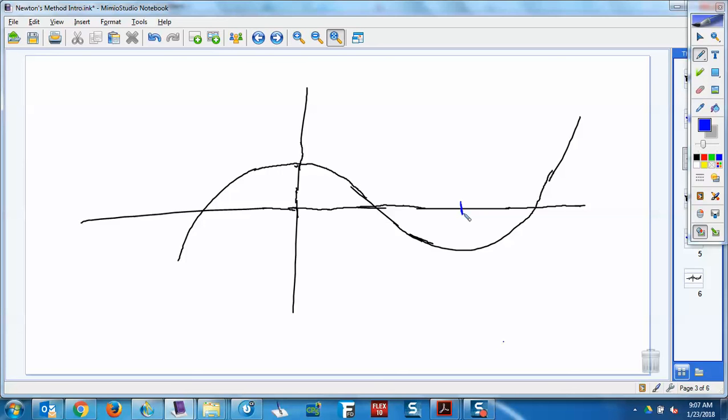What's going to happen? Well, we take our guess, we plug it in. We see if it's 0. It's not. Then what do we do? Draw the tangent line. And we follow it down to the x-axis. Well, what happens if we hit right on the peak? Not good. It's never going to cross, right? Think about our formula.